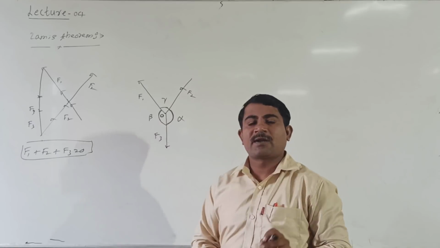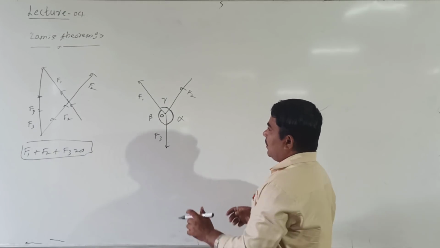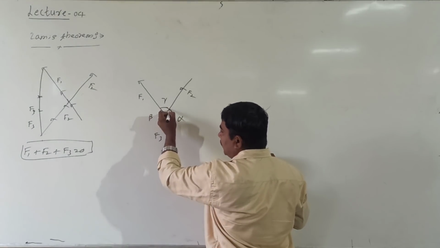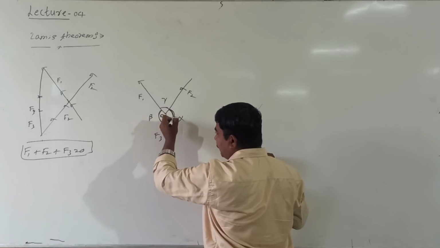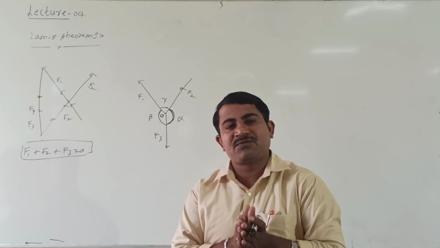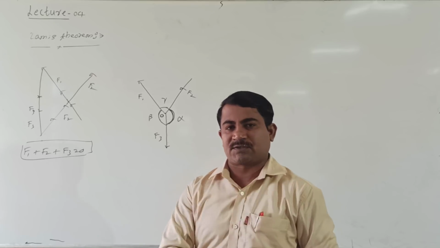What does Lami say? Lami says that the force F1 is directly proportional to the sine of the angle between F2 and F3. The magnitude of each force is directly proportional to the sine of the angle between the 2 other forces.